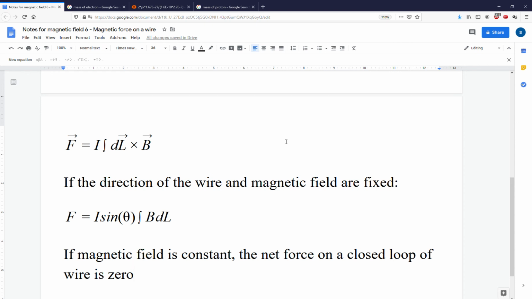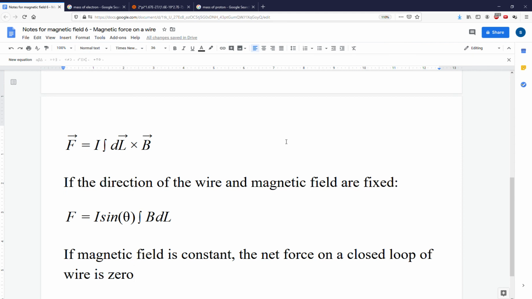In general, this can describe a wire doing anything it wants through any magnetic field it wants. However, for the purpose of this class, I am going to assume that the wires are generally easy to integrate. This usually means that they don't curve, and that they have a fixed direction relative to the magnetic field.